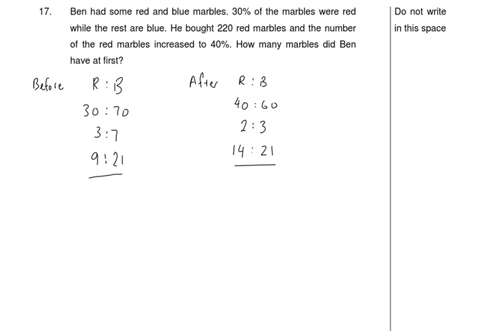How many units did it increase by? 5 units equals 220, right? 1 unit will give me 44. So how many marbles did Ben have at first? At first, how many units altogether? 30 units, right? And you have 44 multiplied by 30 and you get 1320.